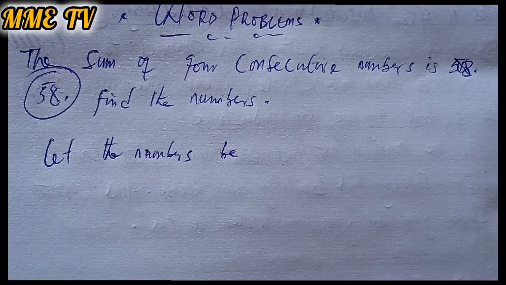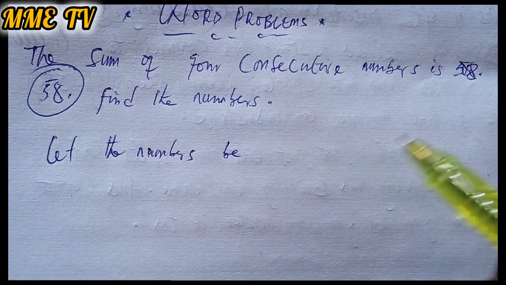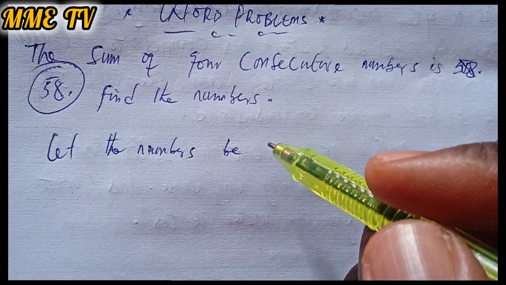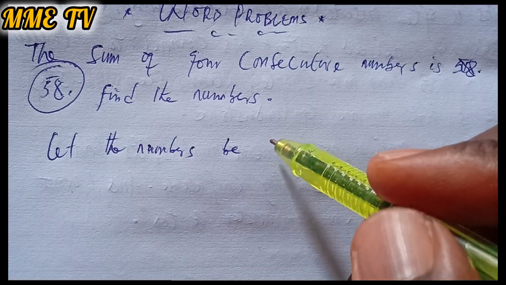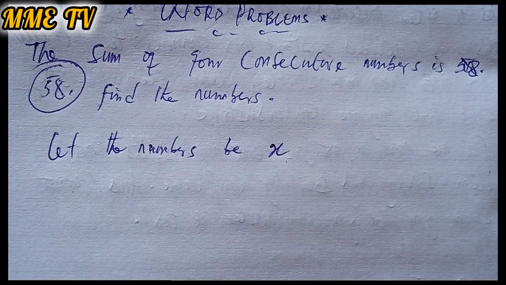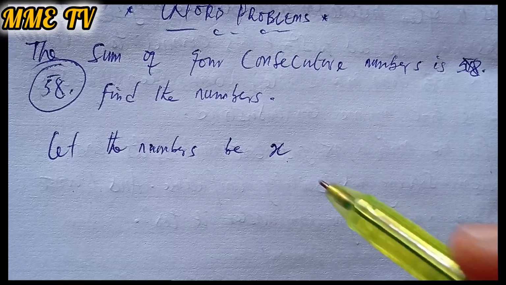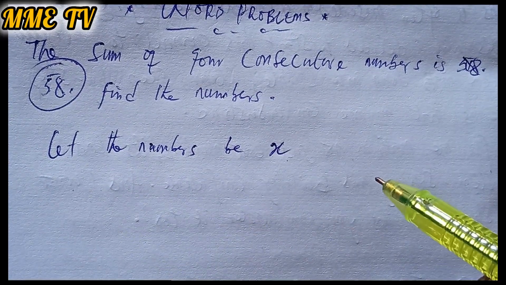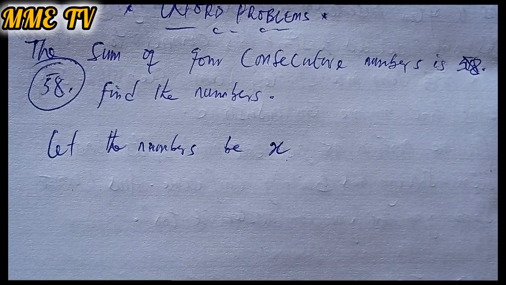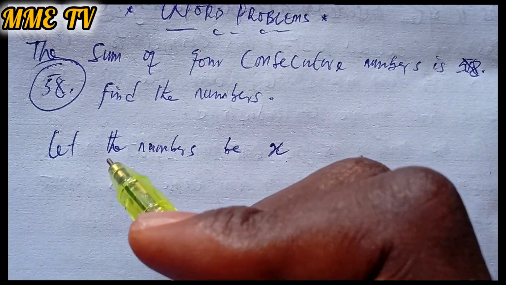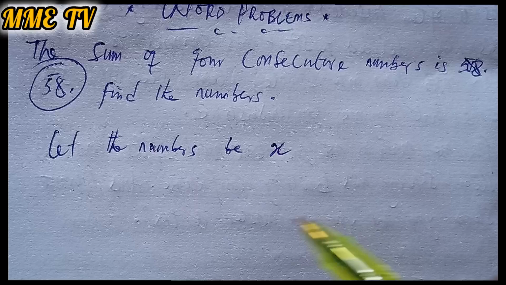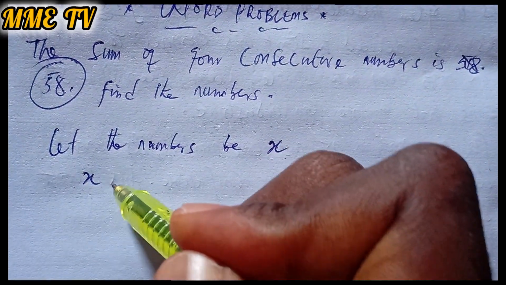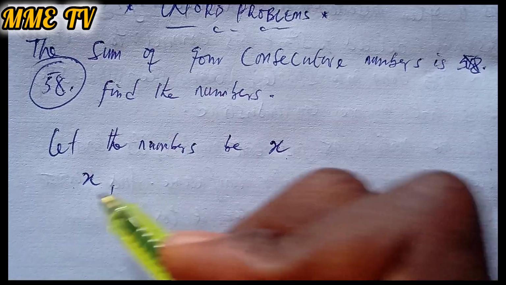So now let's assume that you've said, let it be x. Now, if it's going to be x, it means that you will bring it into 4 consecutive terms. By saying that this set of numbers which I'm looking for will be x, this is one of the consecutive numbers.